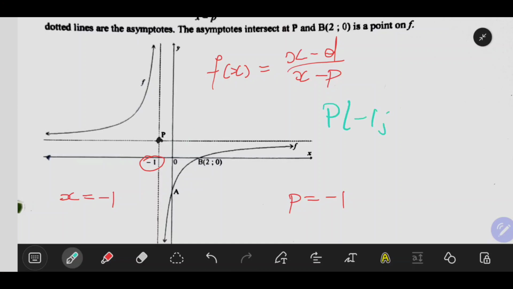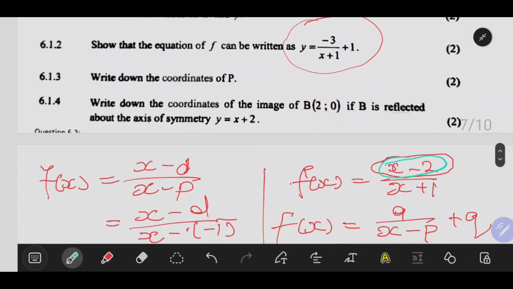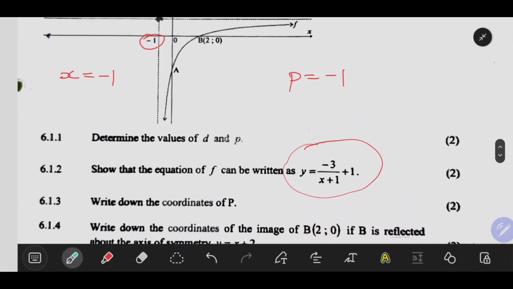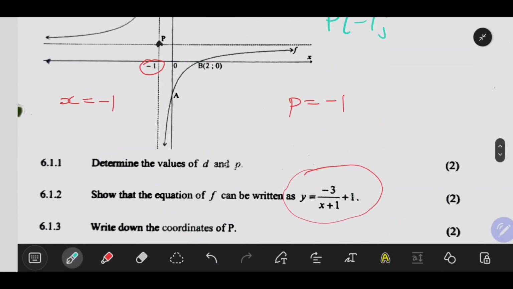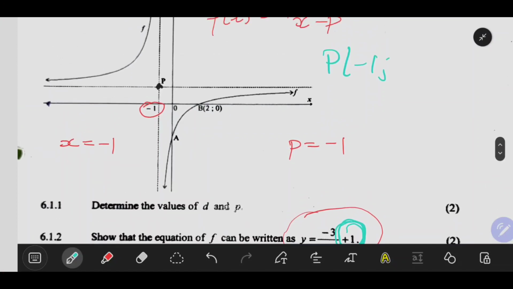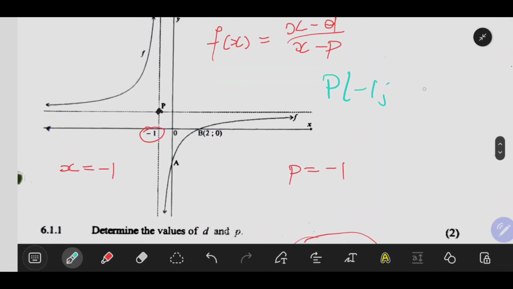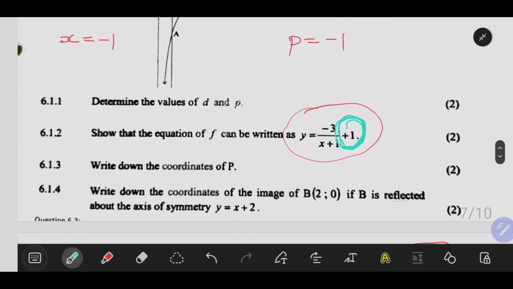We are missing the y asymptote. But since we wrote our function in this form, we know that our y asymptote is this value here. So the coordinate of P is (-1, 1). Then we are done with that question.